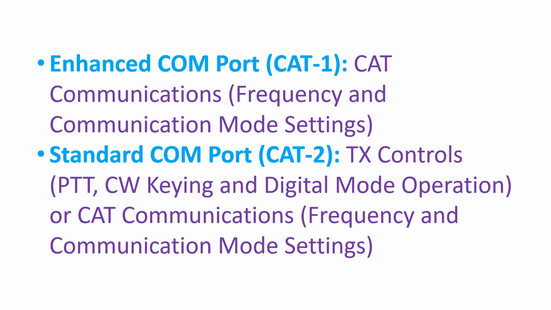The enhanced COM port CAT1 is meant for CAT communications, frequency and communication mode settings, and the standard COM port CAT2 for TX controls, PTT, CW keying and digital mode operation, or CAT communications, frequency and communication mode settings.